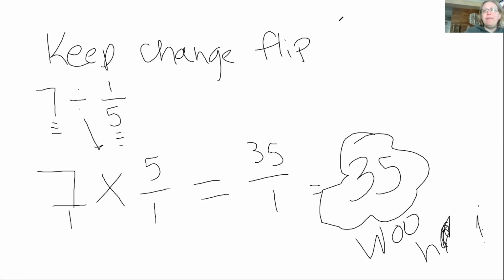Okay, how about another one? Keep, change, flip. Keep, change, flip. That should be your mantra for this lesson. So let's do 1/9 divided by 4. Okay, keep, change, flip. And remember, 4 is technically 4/1.